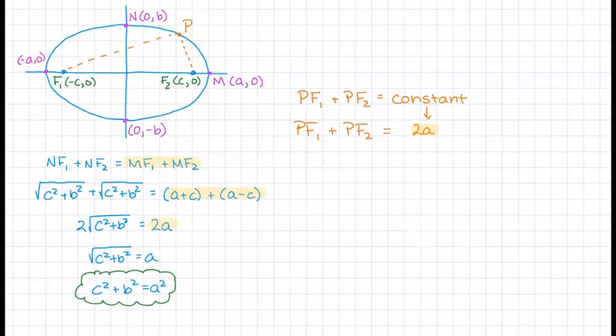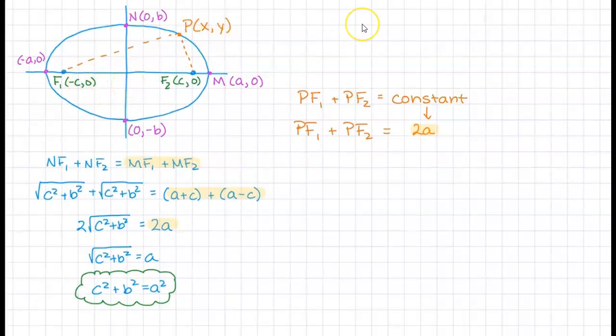So this point P represents any point on the ellipse. I don't know where it is. All I can do is label it as (x, y). But now I'm going to use the distance formula, where it's the square root of (x1 minus x2) squared plus (y1 minus y2) squared, and so on.